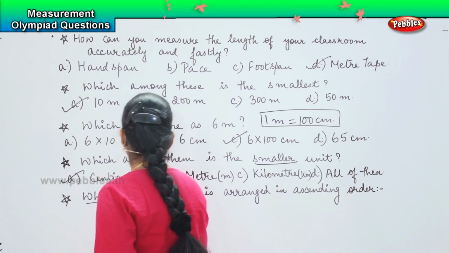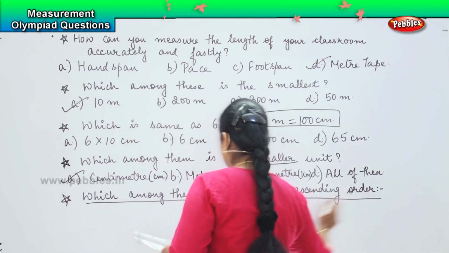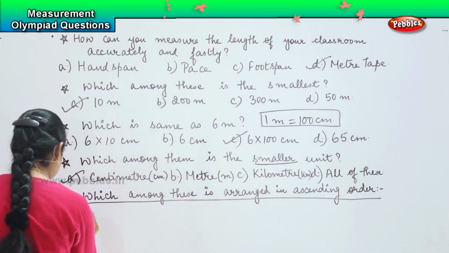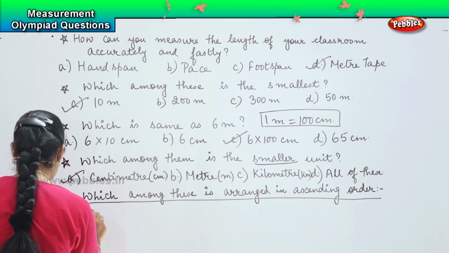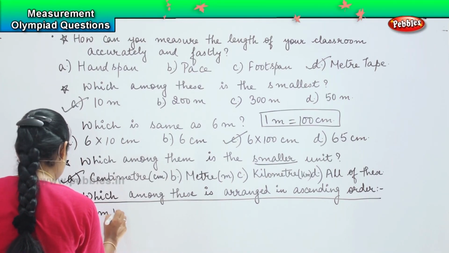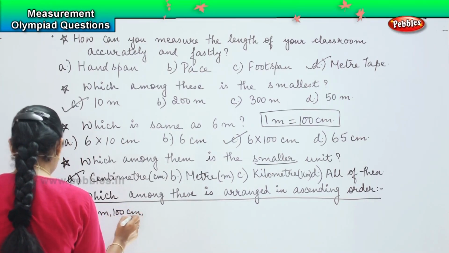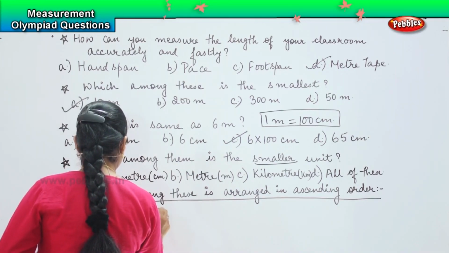And your options are option A 2 meter, 100 centimeter, 300 centimeter.